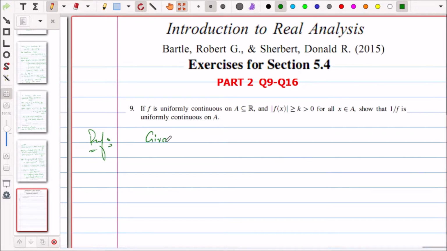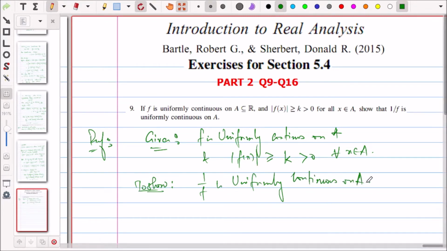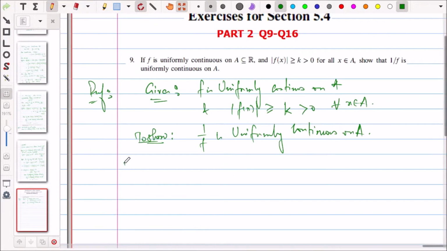Given f is uniformly continuous on A and f(x) is greater than or equal to k, which is greater than 0, for every x in A. To show: 1 by f is uniformly continuous on A. To show that, we will take any arbitrary epsilon. So let epsilon greater than 0 be any real number.